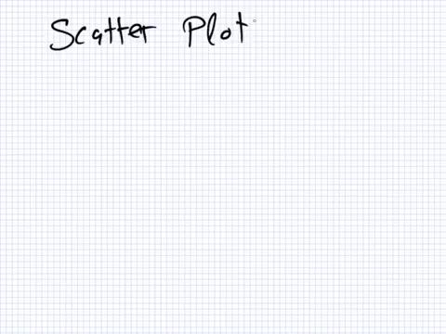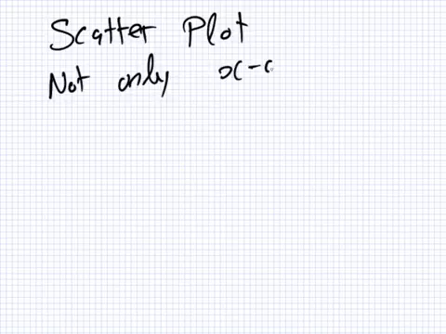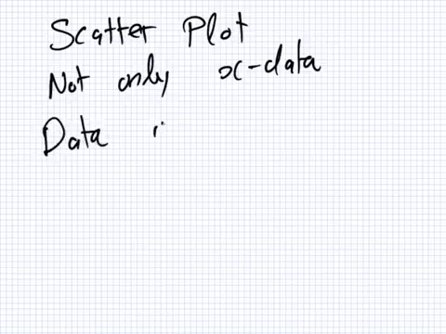Cumulative frequency and histogram, you can use it for any continuous data. And what we're going to look at today, scatter plot, again, is continuous, like height and weight and stuff like this. But what's special about scatter plot is that the data is not only x data, the data is in pairs.